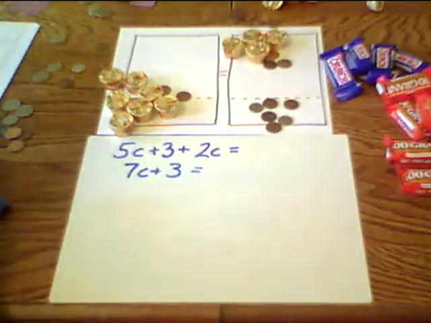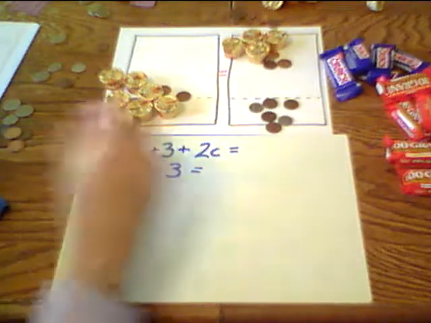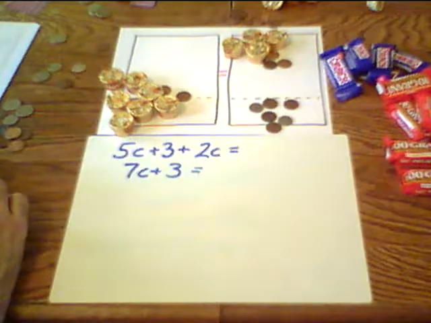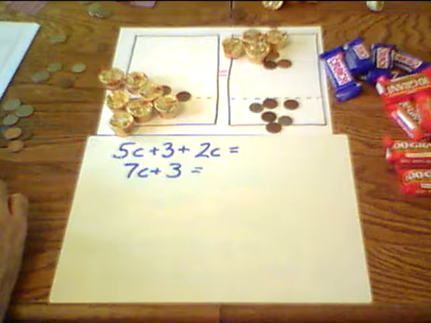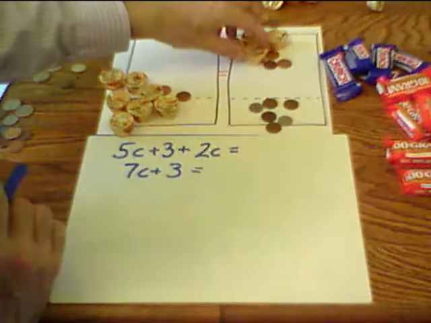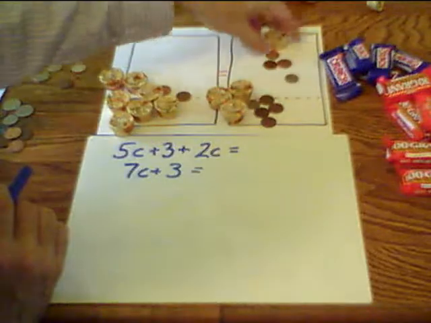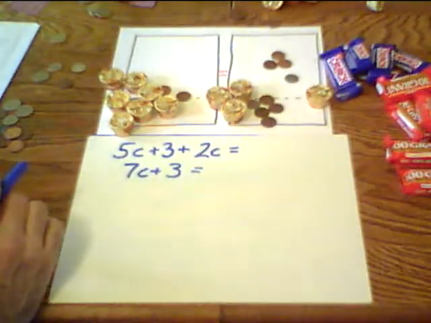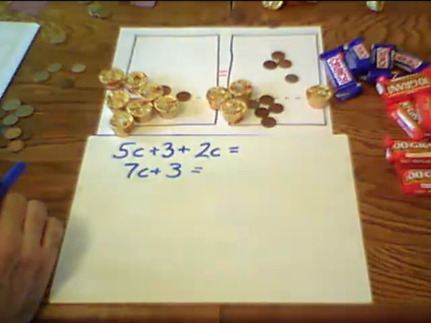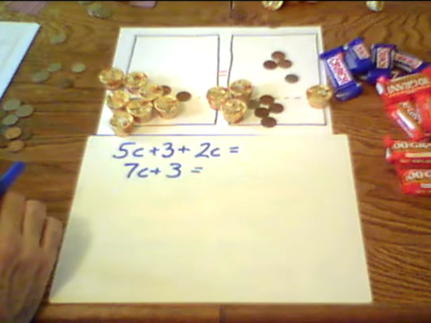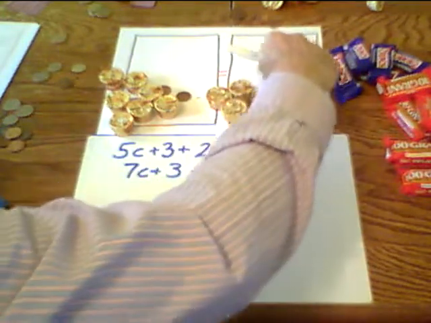Then on the right-hand side, Mandy and Larry, let's see, she had 3 candy bars and 14 cents. No, she didn't have 14 cents. 1 candy bar and 13 cents.